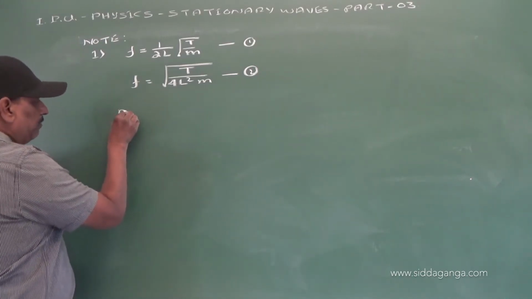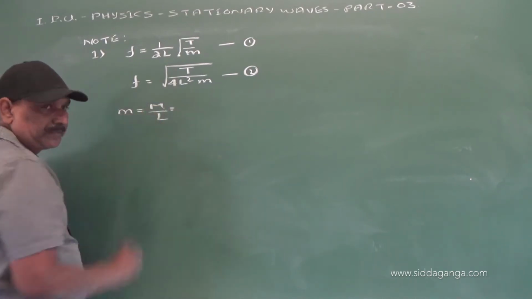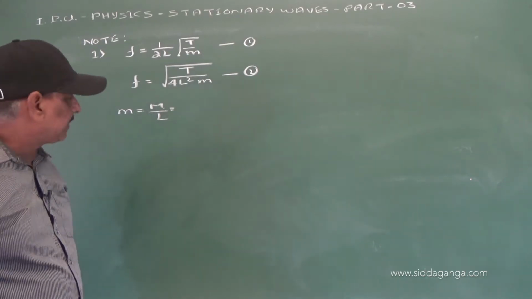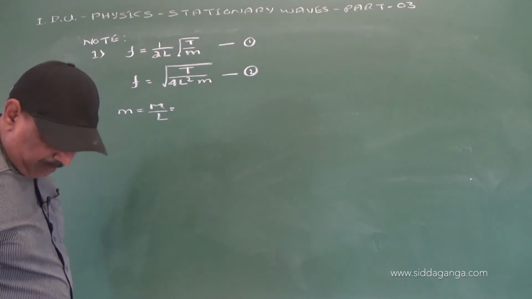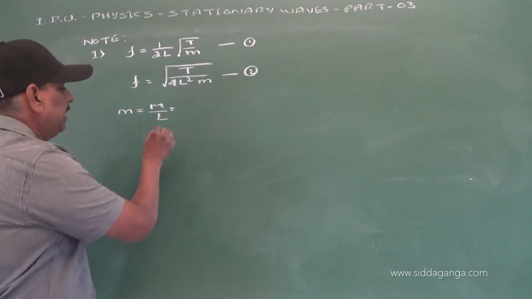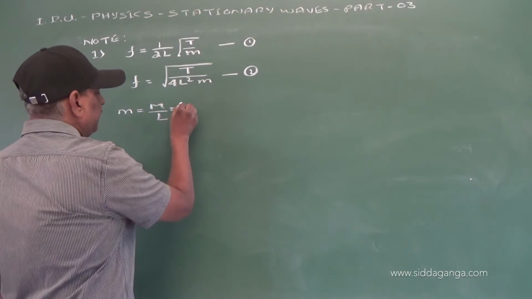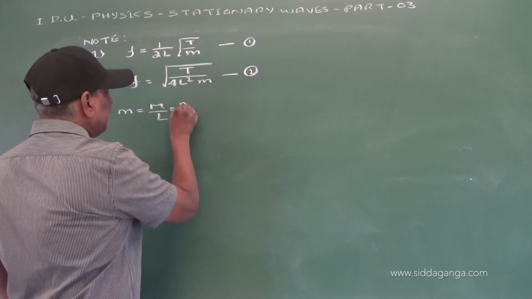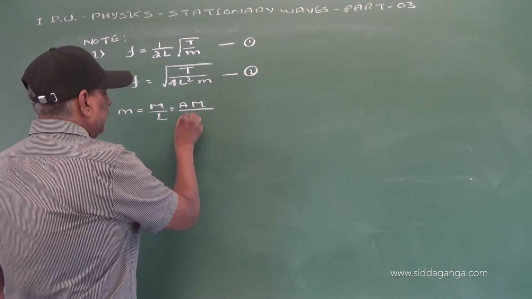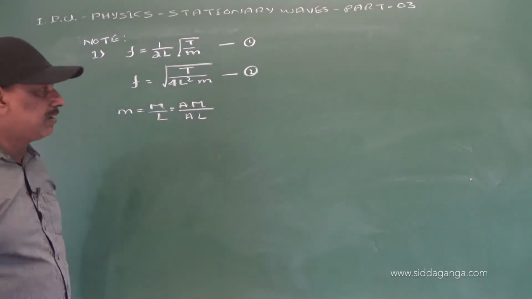Now, we have mass per unit length is equal to M by L. This is equal to area into M by area into length, where A is the area of cross section of the wire.